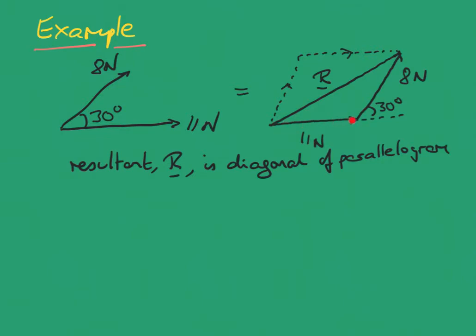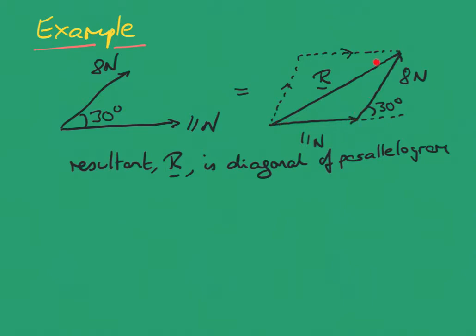So that's the head to the toe of the 8 newton force. And the end of the sum of these two arrows is the resultant.